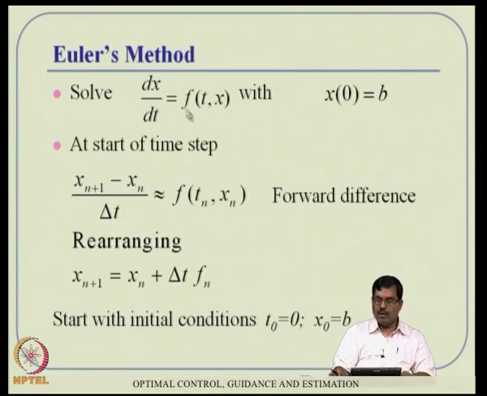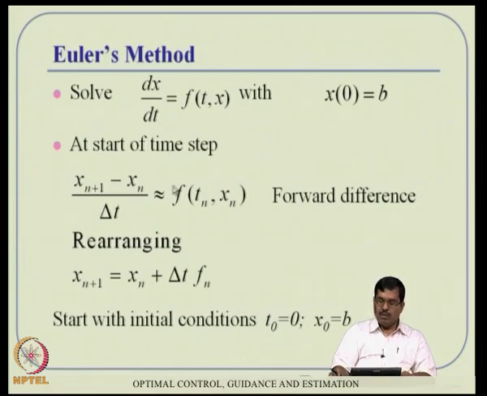If you have dx by dt equal to f of t, x, again this x is a vector here, with x of 0 equal to b, then at any point of time, suppose I know the solution for Tn already, I want to find out for Tn plus 1.